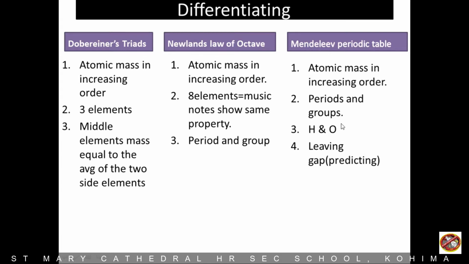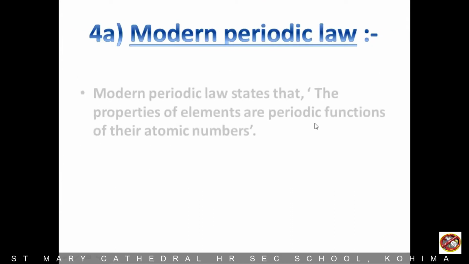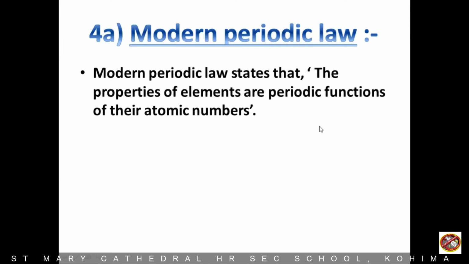Yes, that is how we have put together the modern periodic table. And here, what is the statement? Modern periodic law states that the properties of elements are a periodic function of their atomic numbers.